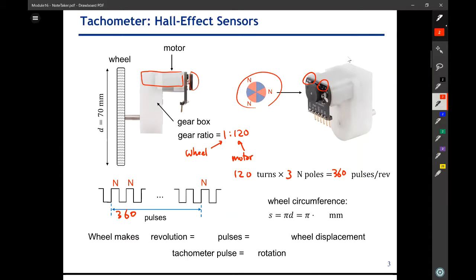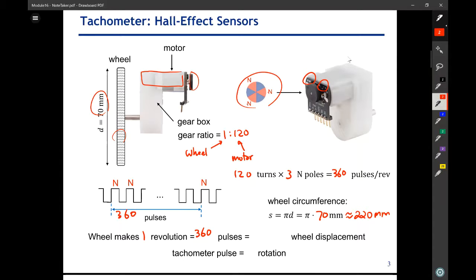The diameter of the wheel is 70 millimeters, so the circumference of the wheel is pi d, which is pi times 70 millimeters, about 220 millimeters. The wheel makes one revolution, the motor makes 120 revolutions, and with 3 north poles that gives us 360 pulses.